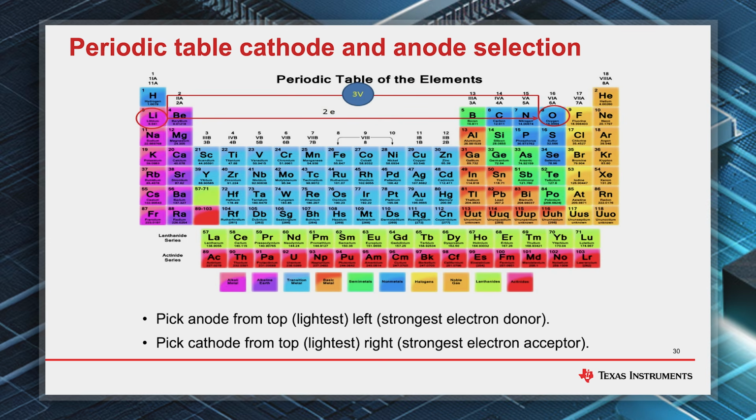Now on the cathode side, we need to also pick something from the right. Not the noble gases, but something like fluorine would be the best because fluorine is the most reactive gas and it is the lightest gas as well. It wants to take away electrons, but unfortunately it is so reactive that you cannot keep it in anything. There is literally no bottle that you can keep fluorine in. It reacts with everything.